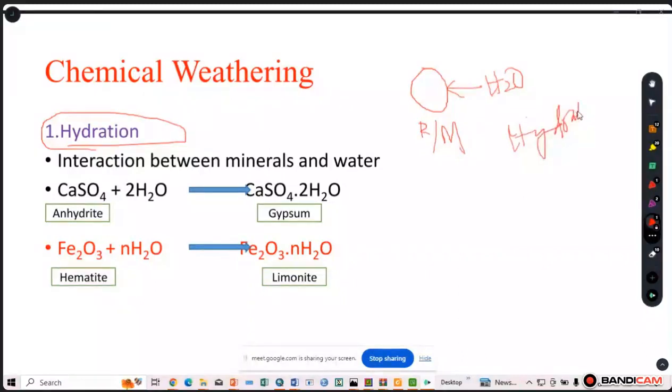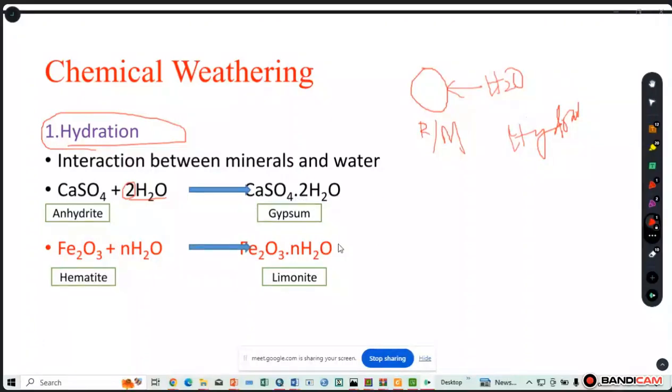That means, suppose this is CaSO4, which is anhydrite. When anhydrite comes into contact with two molecules of water, what happens? Gypsum is formed. The chemical formula of gypsum is CaSO4·2H2O.